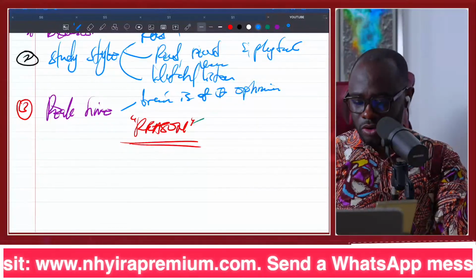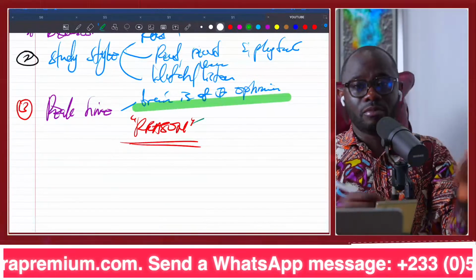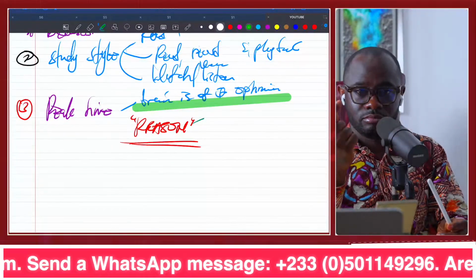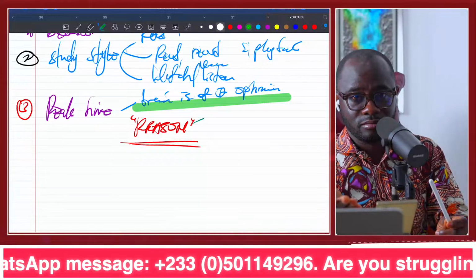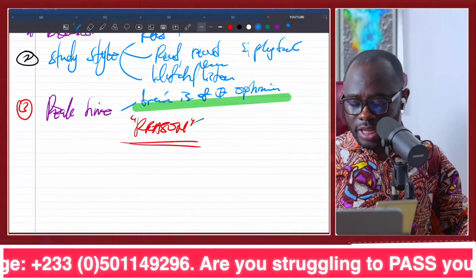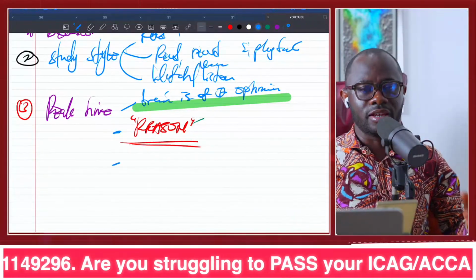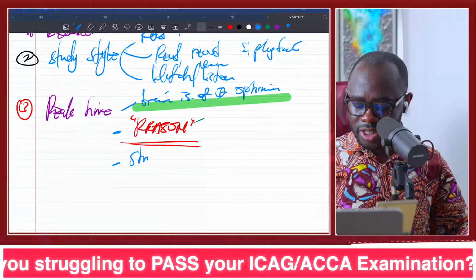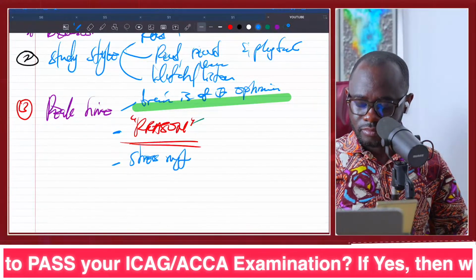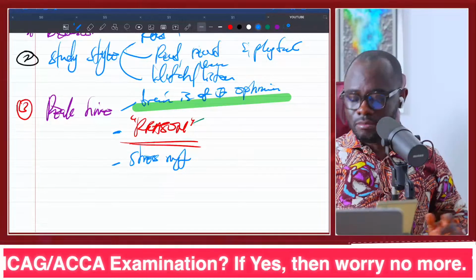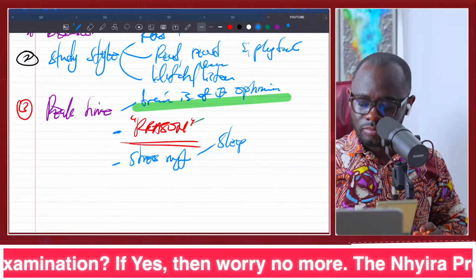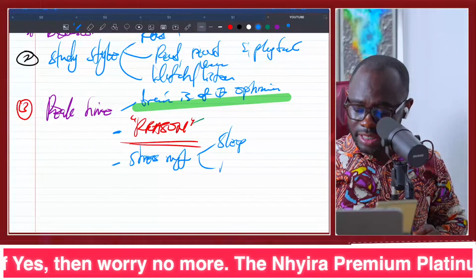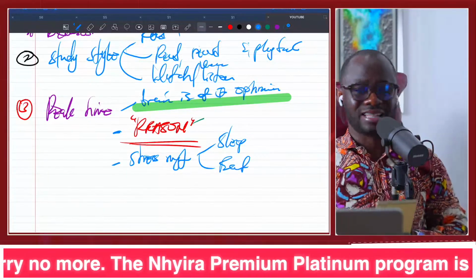So, how do you get an optimum brain? Why are you doing this? Number one. Number two, beyond the reason, is stress management. Very important. Please sleep well. Please eat well, because what you eat adds to your stress.